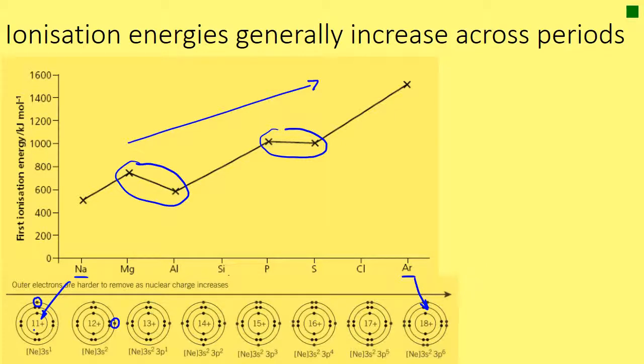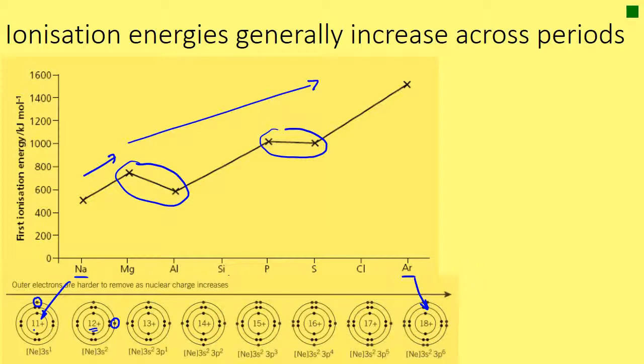It could be the other outer electron from magnesium, but it's in the same shell, but we've got an extra proton to hold it a bit more strongly. That's why that increase there happens, and it explains the general increase from left to right.